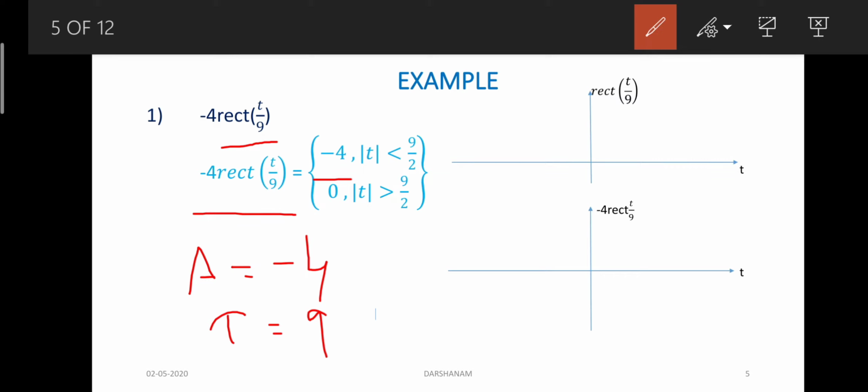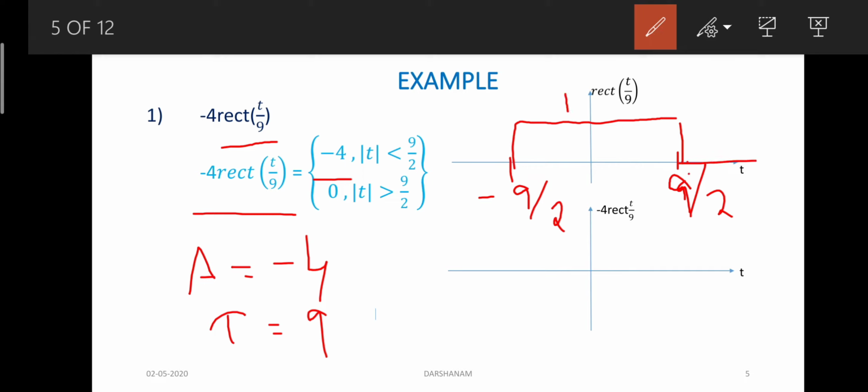So here let it be 9/2 and here minus 9/2. Between these values, let's take the value as 1. The value is 1 within this limit, and outside this limit the value is 0.